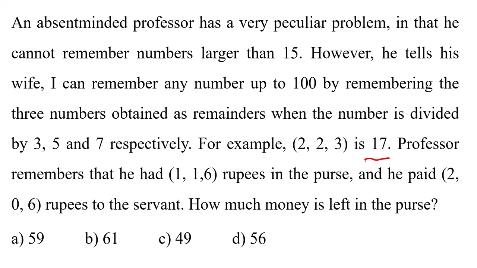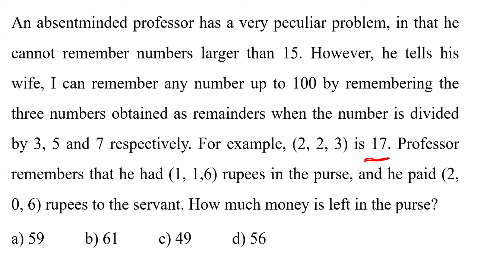So when 17 is there, when you divide by 3, in programming point of view, remainder means the percentage symbol. Any branch, you people know that's a basic. Percentage will give the remainder when you divide. So when 17 is divided by 3, what is the remainder? 2.